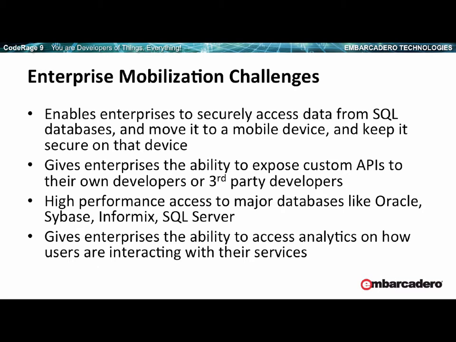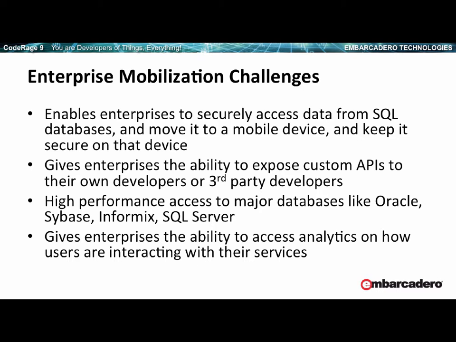As we talk to enterprises and analysts and try to understand the types of challenges enterprises specifically are experiencing when they try to mobilize, there were some pretty consistent challenges that they all faced. Basically these are the key ones that we focused on addressing in this first version of Enterprise Mobility Services.